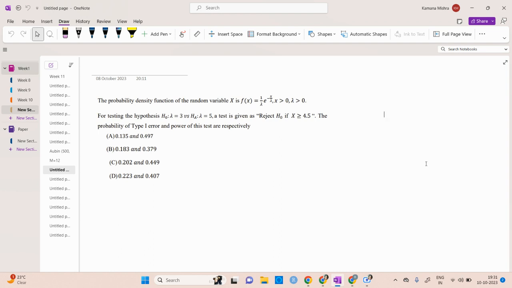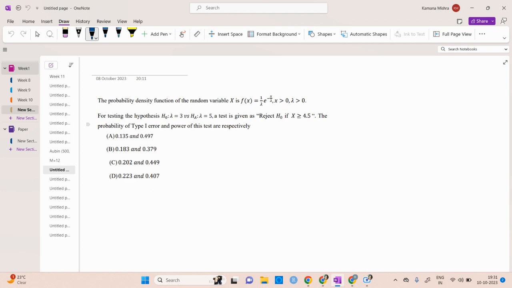Okay. So the next question we have here is that the probability density function of random variable x is f(x) = (1/lambda) e to the power minus x upon lambda. From here you can see that this is the exponential distribution, right? So the parameter here is lambda, and the mean will be lambda.